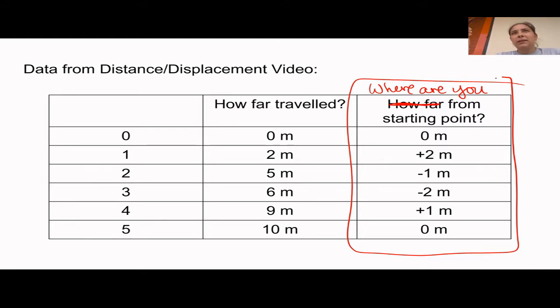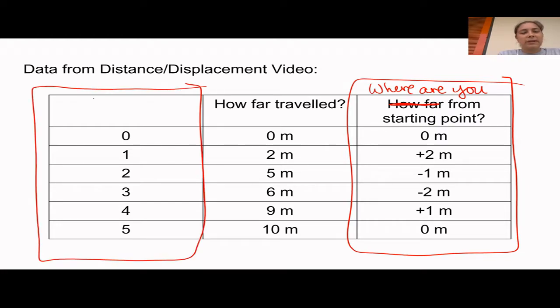And then to make it into a position time graph, we're going to assume that these little data sets are going to be in time, say seconds. And so we can assume that I would have walked those 2 meters in the positive direction in 1 second, and then in the next second I went to the -1 position, and then so forth.